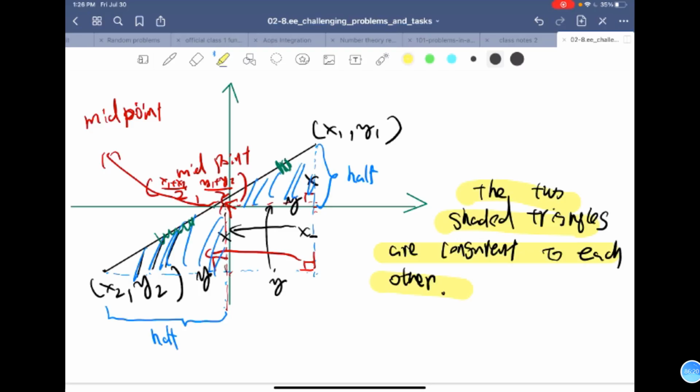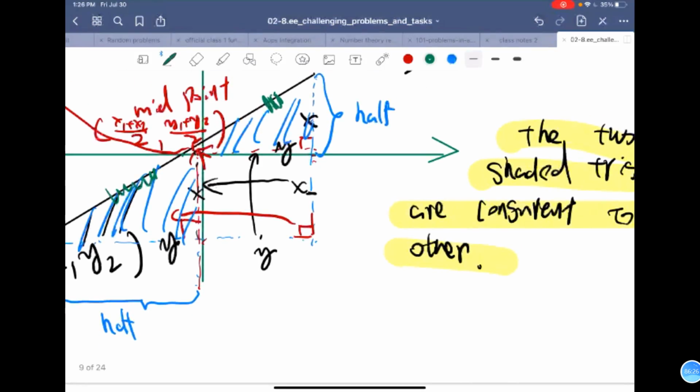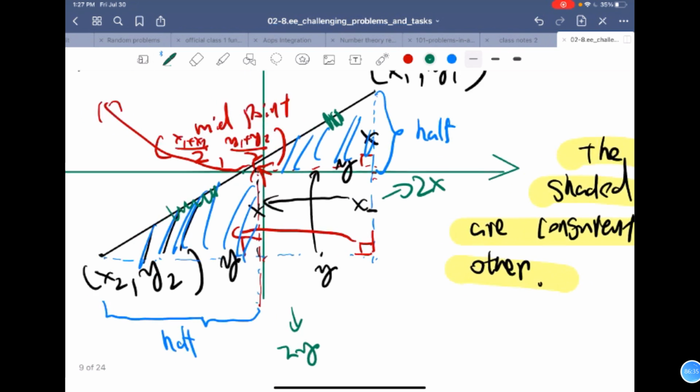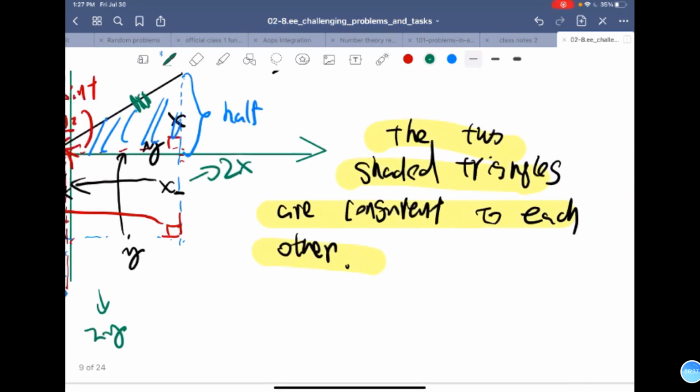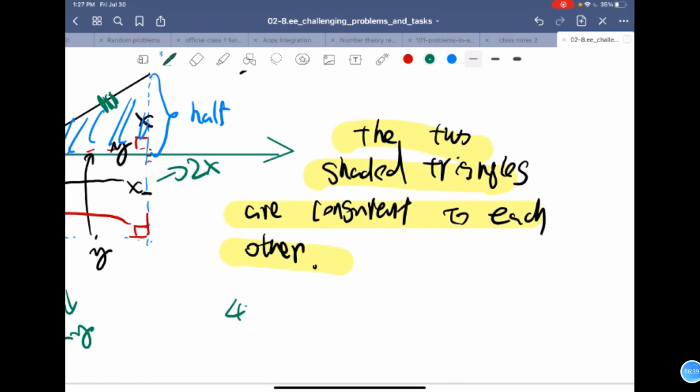In another way, you can also do it like this. You know that the total side is 2y, right? However, this is 2x, right? So for the entire hypotenuse, it's the square root of 4x squared plus 4y squared, right?